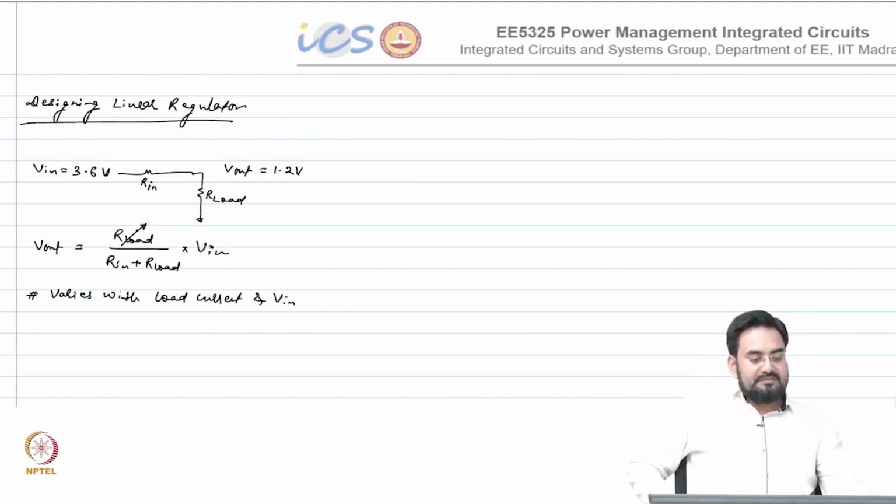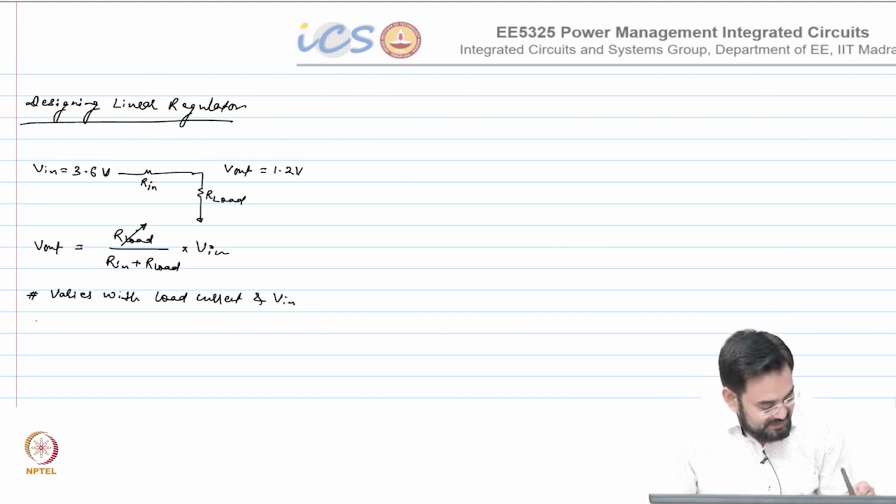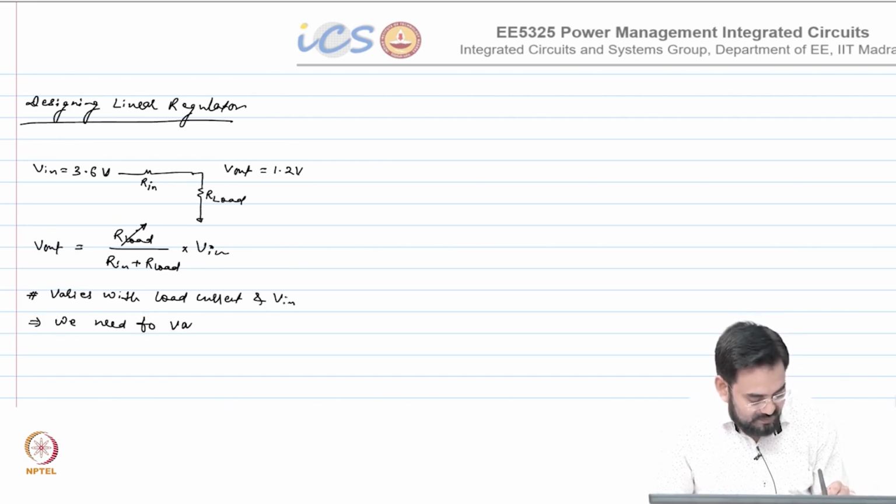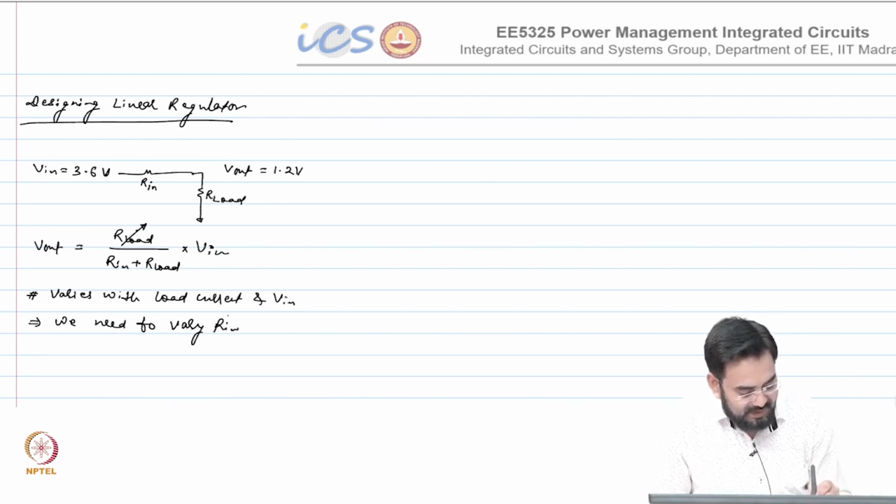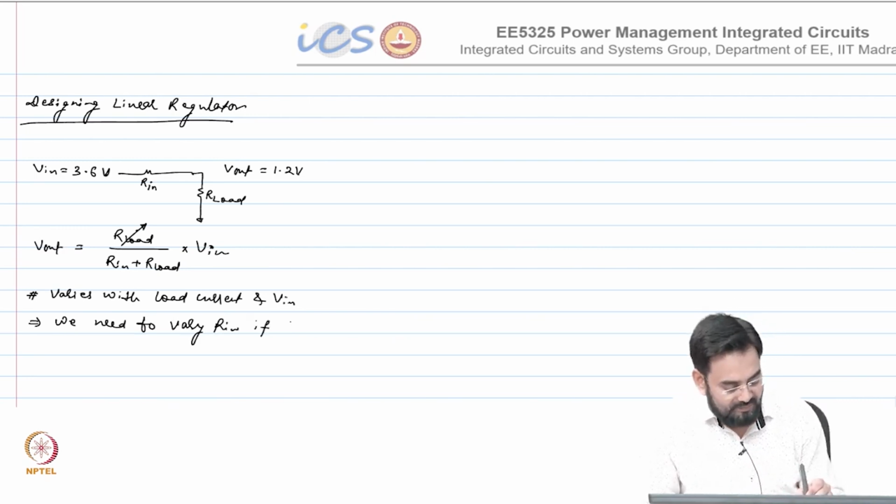Which means this implies we need to vary R in if V in or R load is changed. Okay.